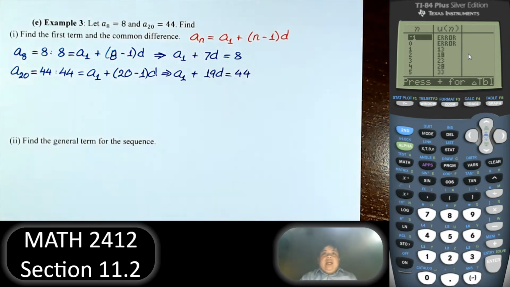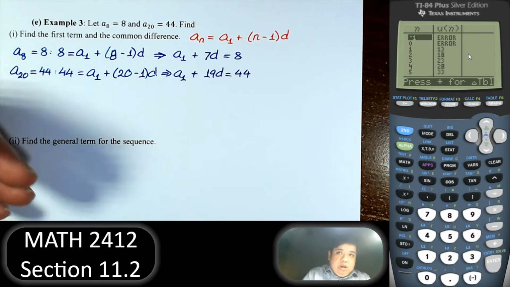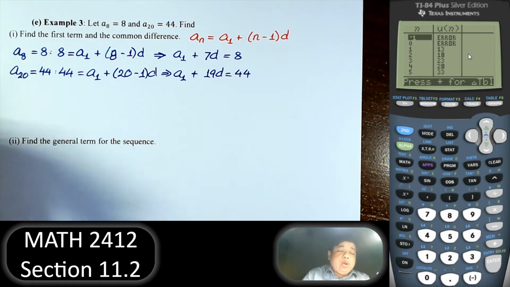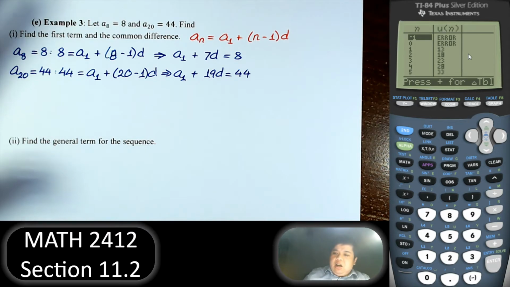Now, we can use the reduced row echelon form method, the same method that we used to solve the system of equations that we did in the section about partial fractions, section 10.5. But this is simple enough.